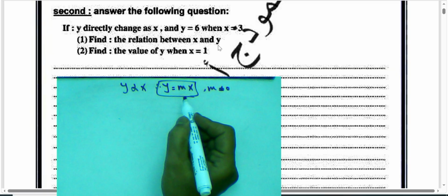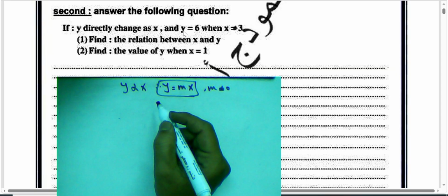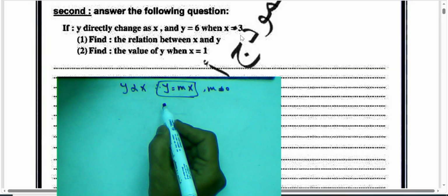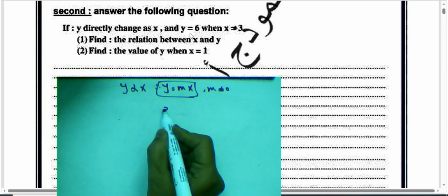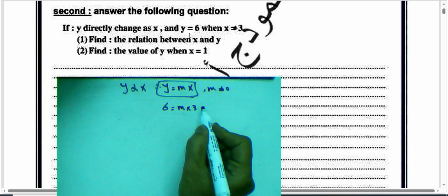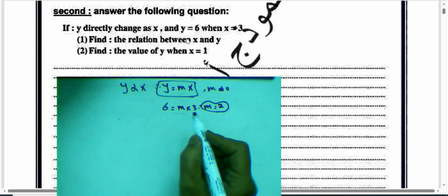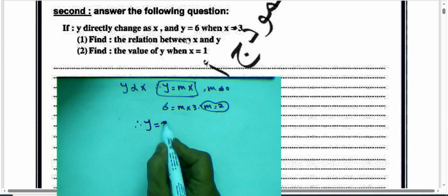So y equal mx. He gives me this information, y equals 6 when x equals 3, then we can put here the value of y, 6, equal m multiplied by the value of x, which is 3. The value of m, 6 divided by 3 is 2, the value of m equal 2. The relation between y and x: y equal 2x.